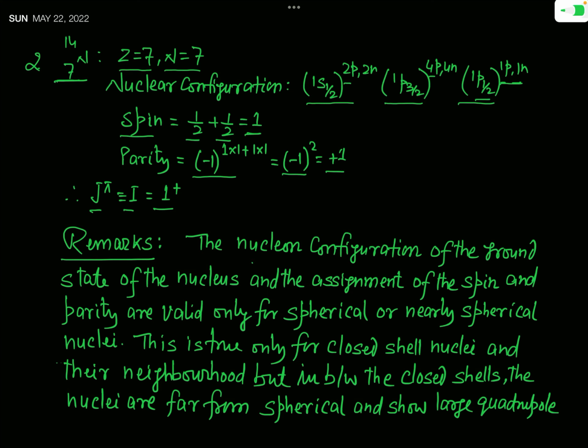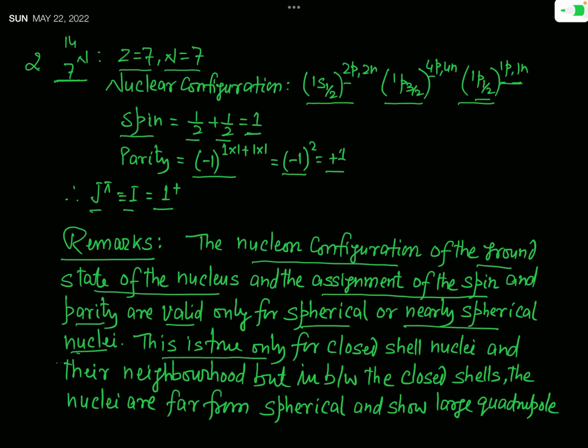You can see the nuclear configuration of the ground state of the nucleus and the assignment of the spin and the parity are valid only for spherical or nearly spherical nuclei. These predictions are valid only for spherical or nearly spherical nuclei.